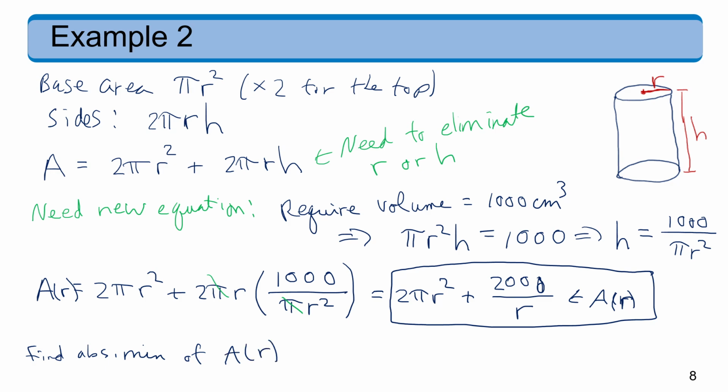Okay, so we want to think about which method we want to use, the closed interval method or something else. So if you use the closed interval method, you're going to need an interval for r, since A is a function of r. So you'd have to think of what is the minimum possible value for r and the maximum.